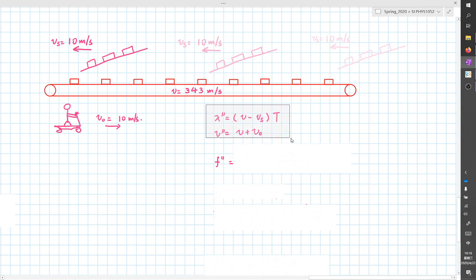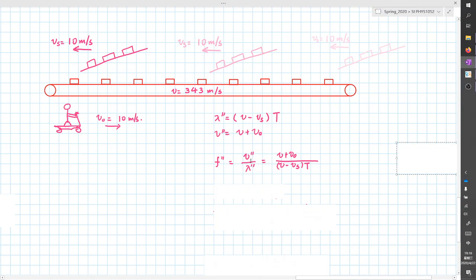I copy-paste the lambda due to the moving source and the v due to the moving observer from the previous cases, and we do the substitution. We get f prime equals v double prime over lambda double prime, equals v plus v observer over v minus v source times t.